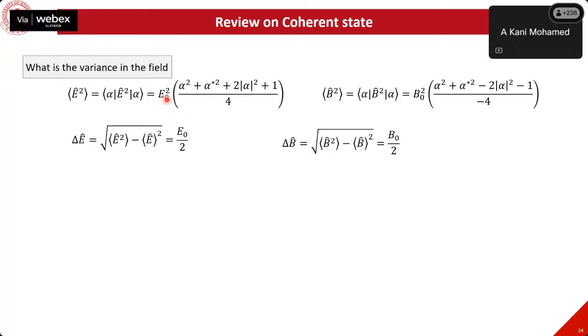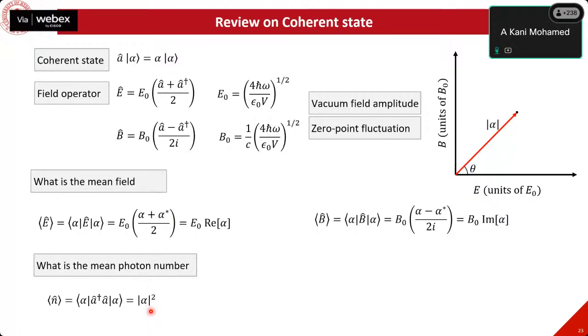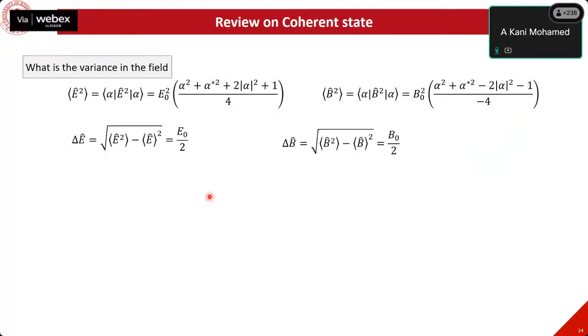Now we can compute the variance in the electric and magnetic field components, which is nothing but the square root of the mean E squared operator minus the square of the mean E operator. So this we have computed in the previous section, and now here we have computed the electric and magnetic field mean square operator. So now the variance in the electric field turns out to be E naught by 2.